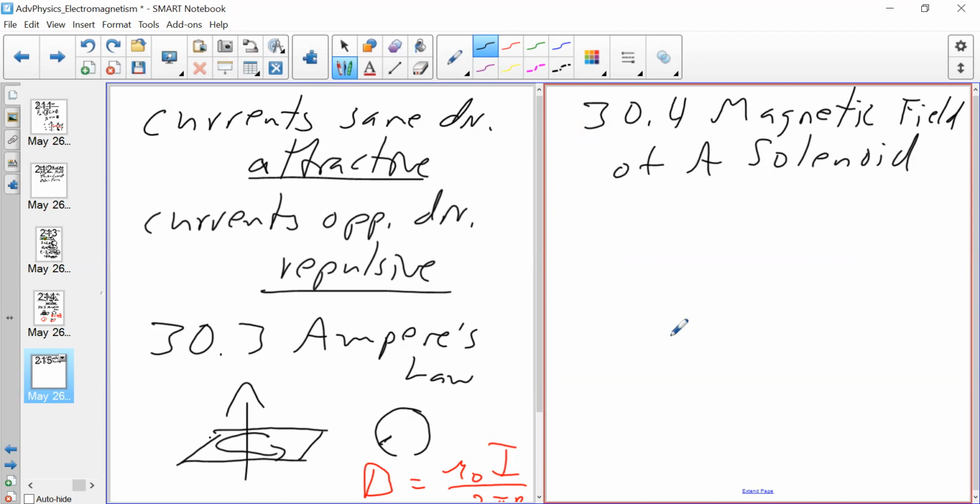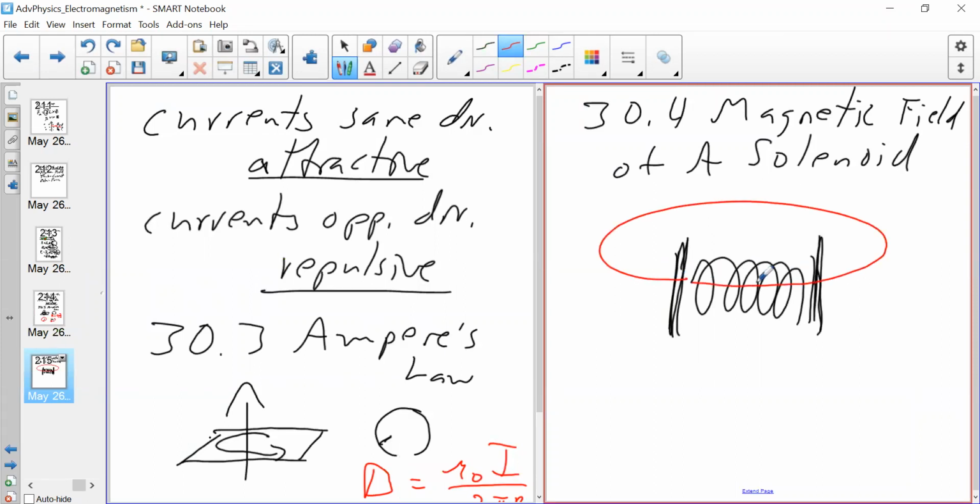And so we were just trying to figure out, I'll just do it from the side view. If I have current wrapping around like this, little copper wires, this would be a solenoid. So we're trying to figure out what is the value of the field going through this solenoid.